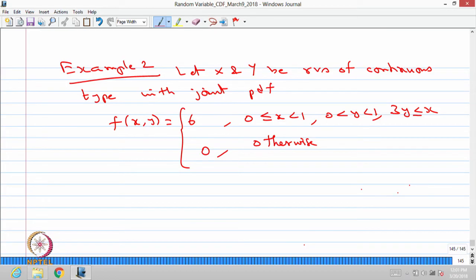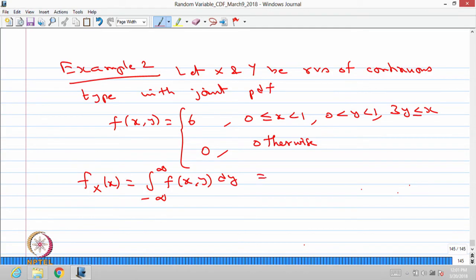From this one can find the marginal distribution of x by integrating the joint probability density function with respect to y.